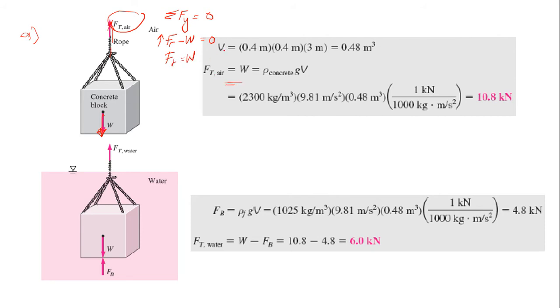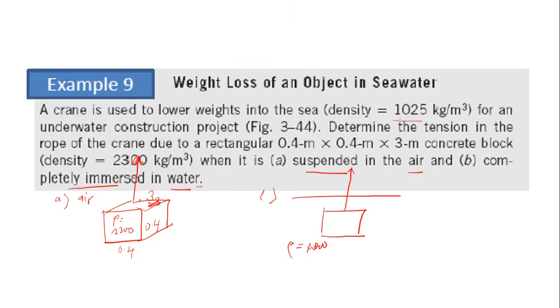So you know how to find W: it is rho GV. You have the V for the concrete block by just multiplying all the dimensions, 0.4 times 0.4 times 3, they give you the volume. G is the constant 9.81, and the rho of the object is given in the question, which is 2300.